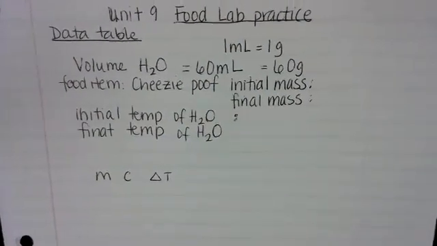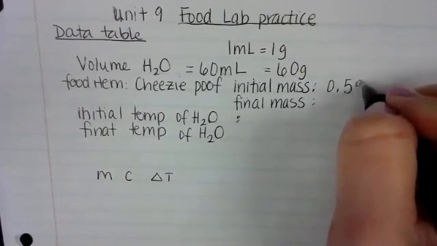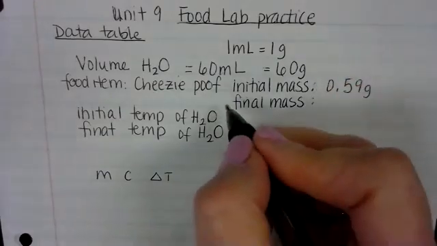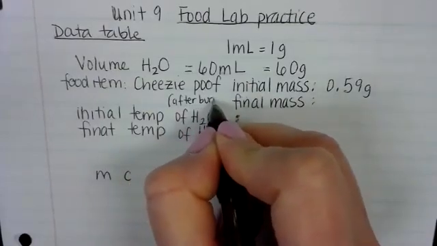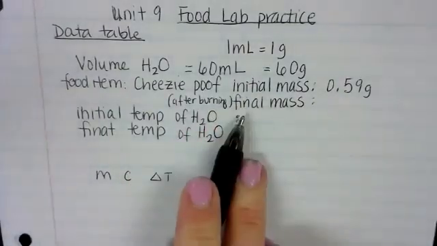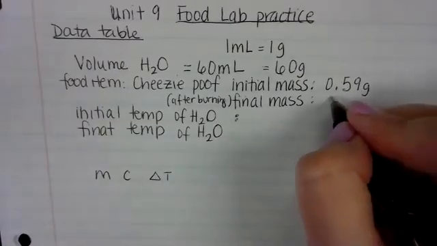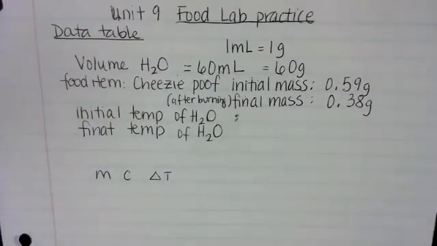My initial mass that I took, again, this is totally fake, I just made up these numbers, is 0.59 grams. And then the mass after we burn. Here, why don't I put after burning, so we remember that the final mass is taken after you've burned the object, in this case the cheesy poof. After I burned it, I did some calculations and I got 0.38.